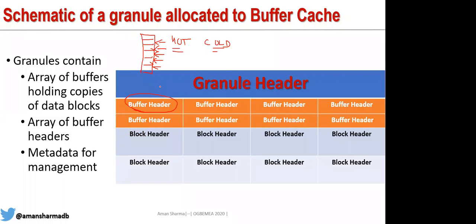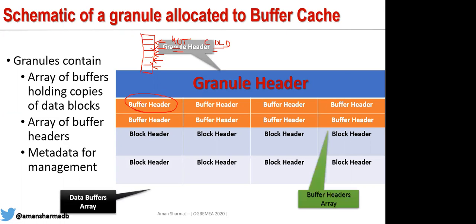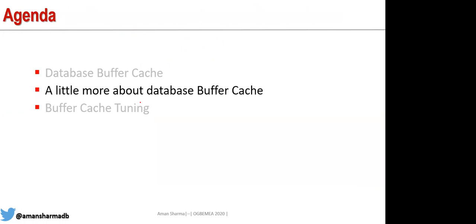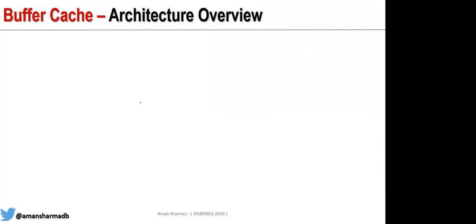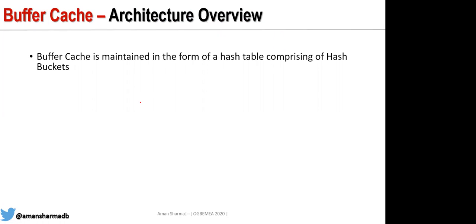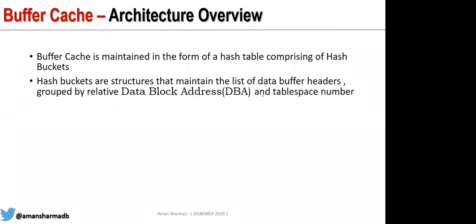And when we say the buffers are flushed out, again that is something maintained in terms of their headers. Now, the buffer cache is maintained in the form of a hash table, which is maintained as key value pairs generated with the help of the DBA, data block address, and the tablespace number.